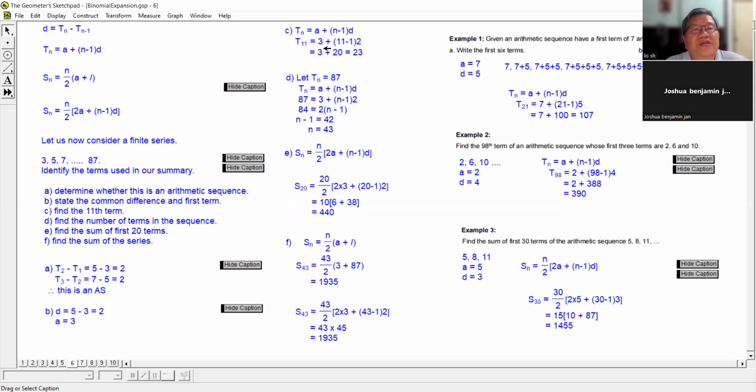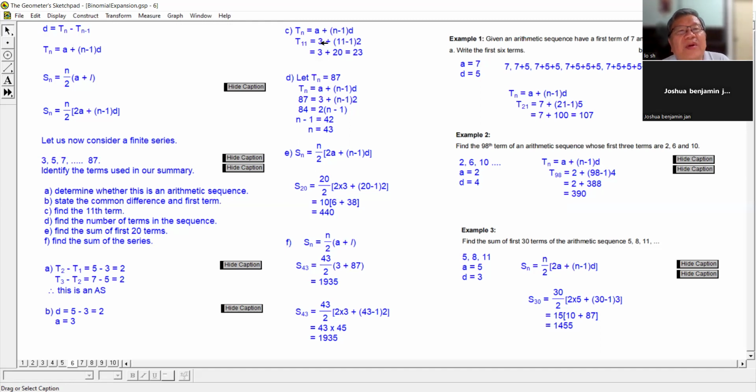Now this formula here: Tn equals a plus (n minus 1)d. This is the formula. Now, let's say T11, I want to find the 11th term. You see from the formula, Tn, I replace the n with 11.